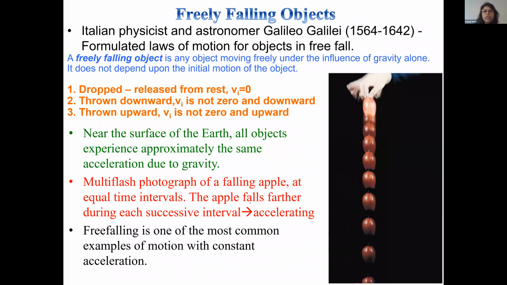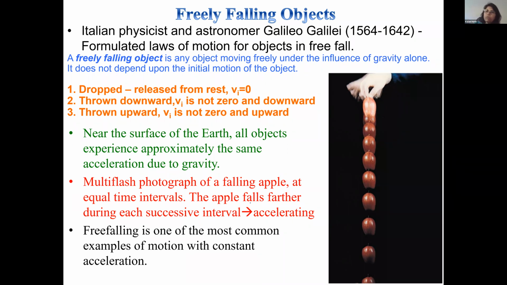Okay, so now the first problem we're going to think about is the free falling object. Free falling object means basically an object moving freely under the influence of gravity, with no other disturbances. Those objects, we call free falling.